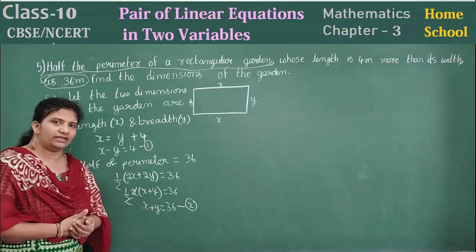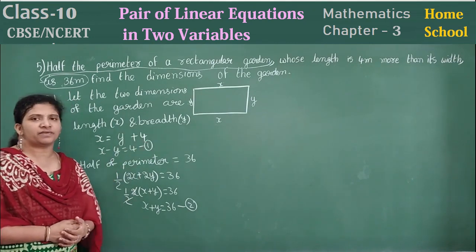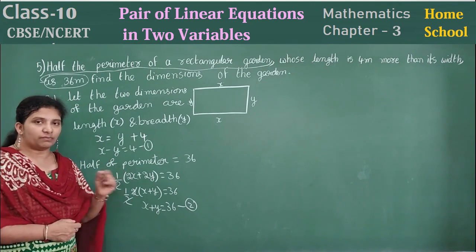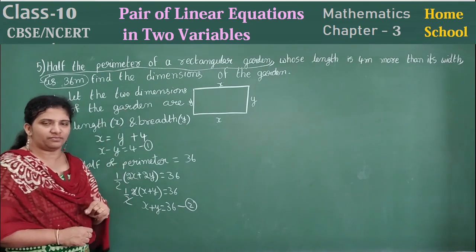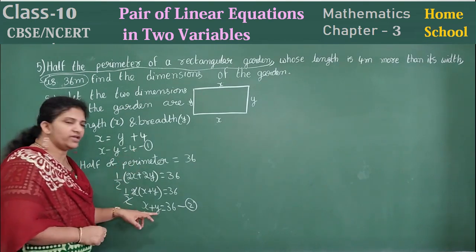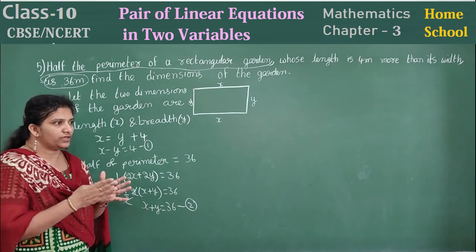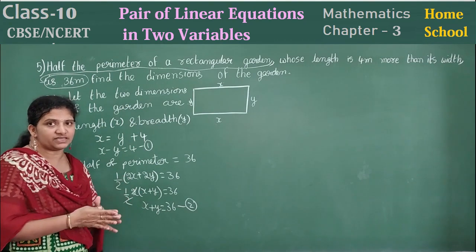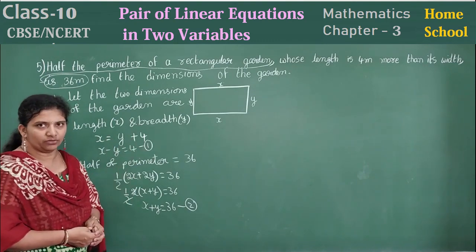How will you find? They did not ask you graphically. If you know any other algebraic method, you can find. Suppose if they mention the word graphically, then you have to solve these 2 equations graphically. For this exercise we don't know other methods yet, so we go with the graphical method only.